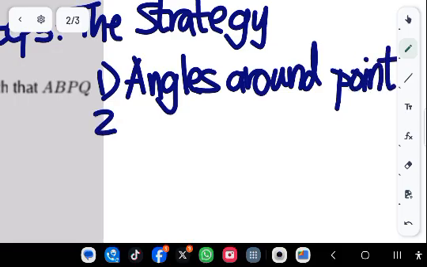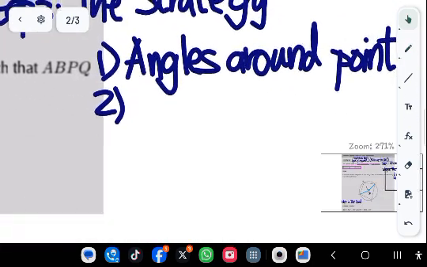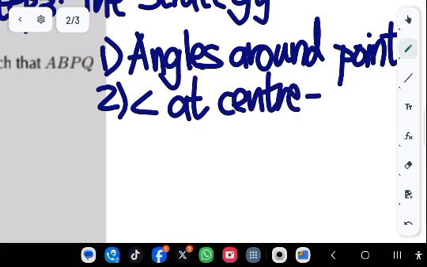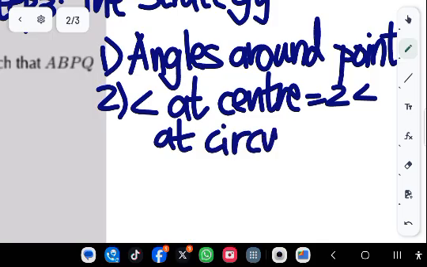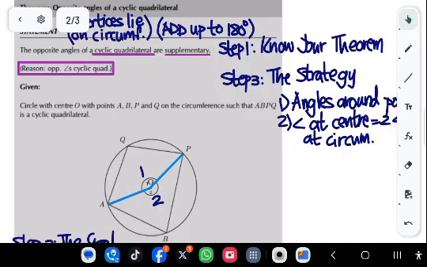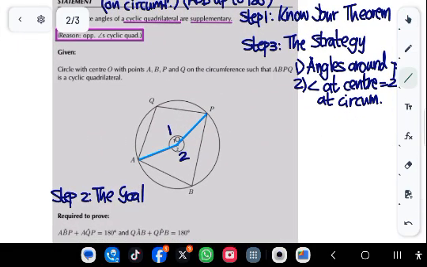And number 2, we're going to use the theorem that goes angle at center is equal to twice angle at the circumference. These 2 strategies will help us immensely, because that's exactly what we need in order to be able to prove this theorem without any hitches or glitches.